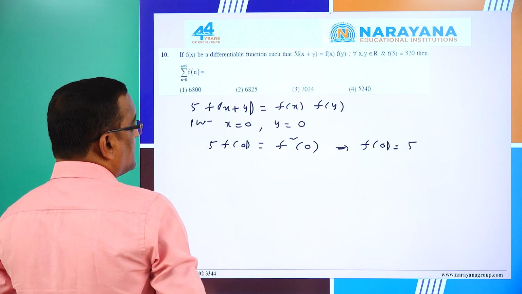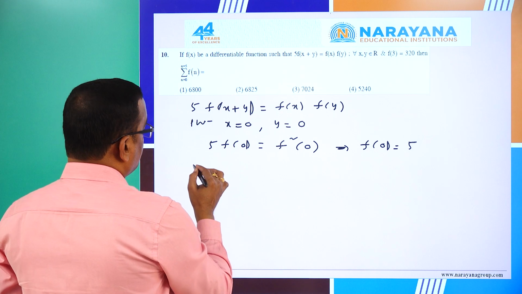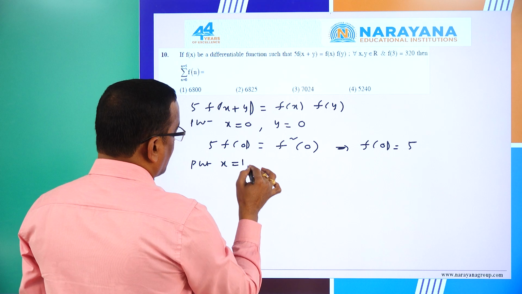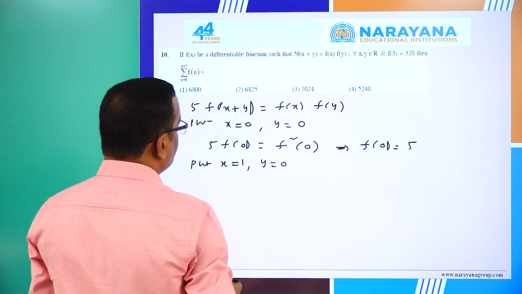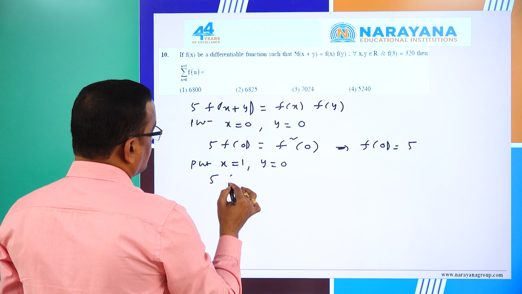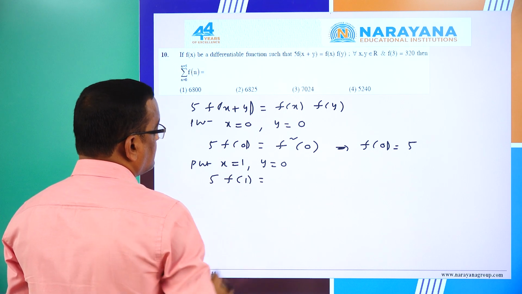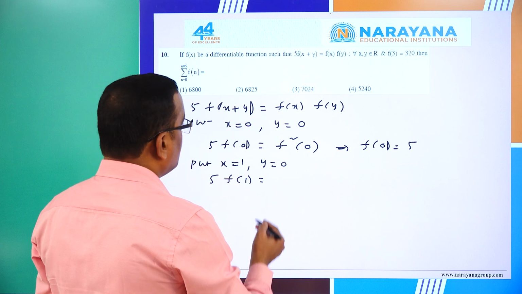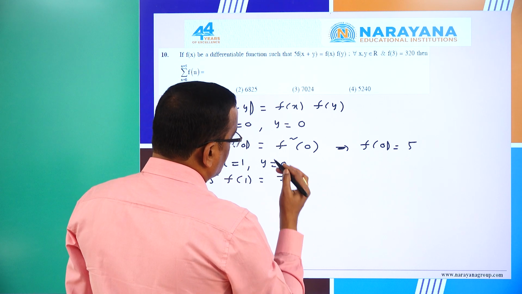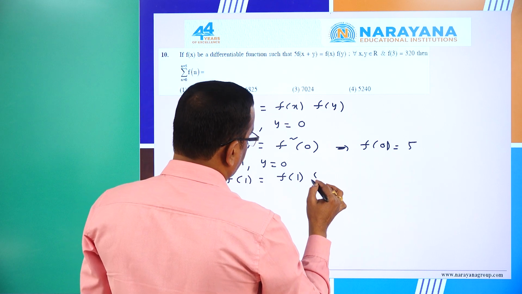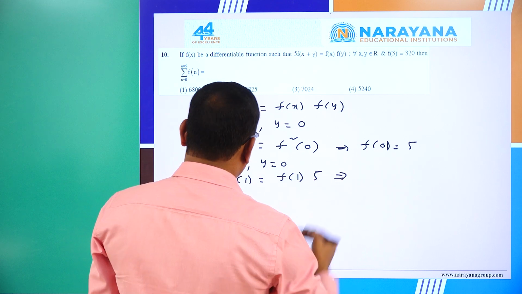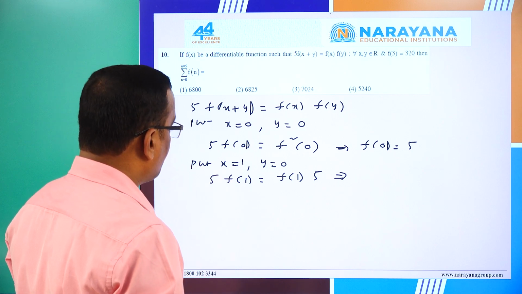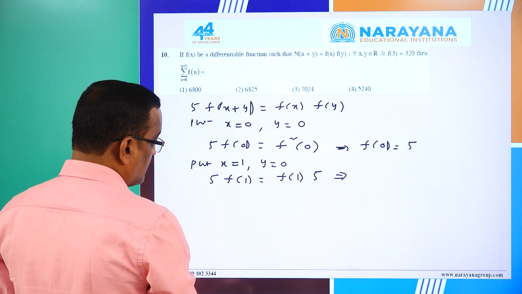Now put x is 0, y is 1 in the same relation, or x is 1, y is 0. We get 5 into f of 1 is equal to f of 1 into f of 0. F of 0 from this is 5. So what you get is f of 1 is equal to f of 1. Nothing you get from this one.